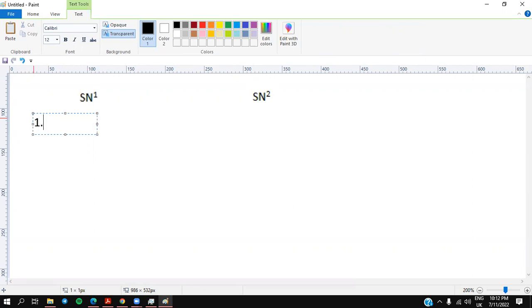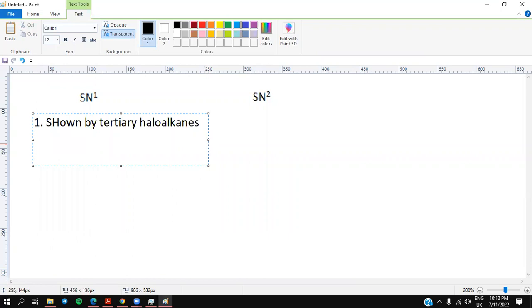Sn1 reactions are shown by tertiary haloalkanes.